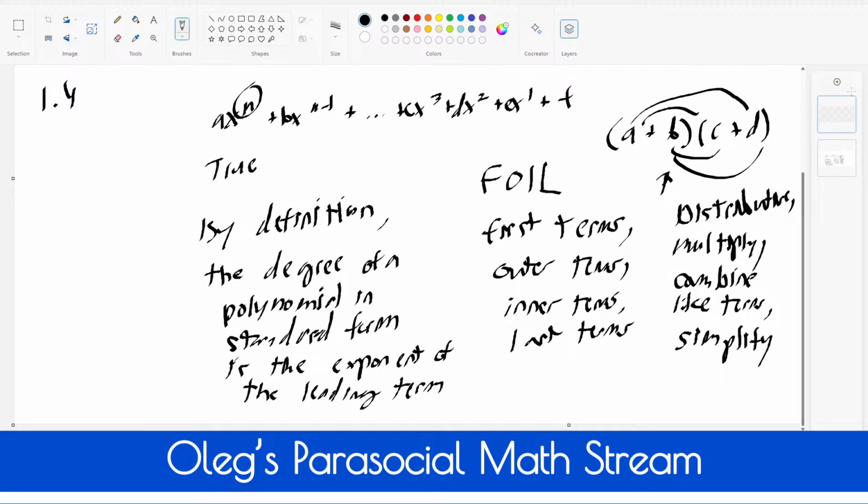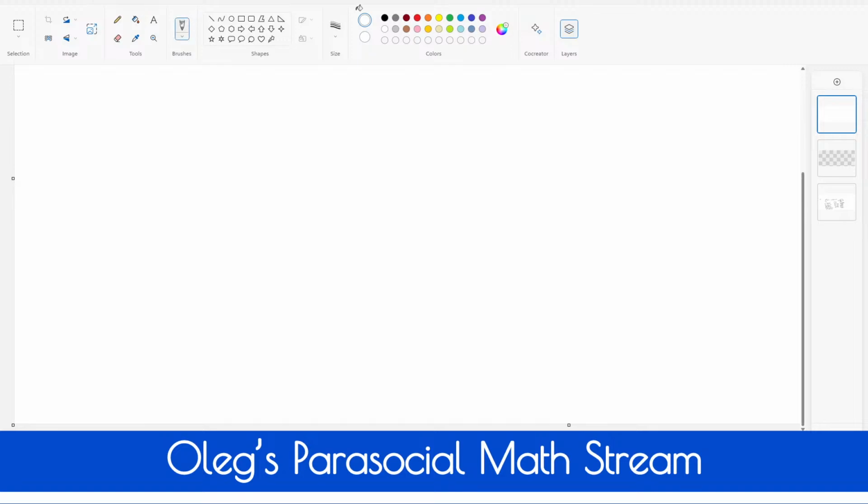Okay, and then now we're gonna go with, all right, for the following exercise, identify the degree of the polynomial 7x minus 2x squared plus 13.